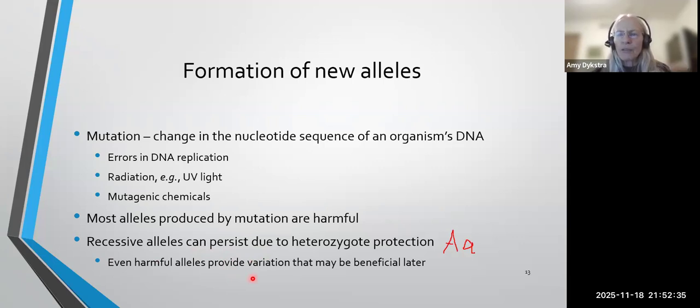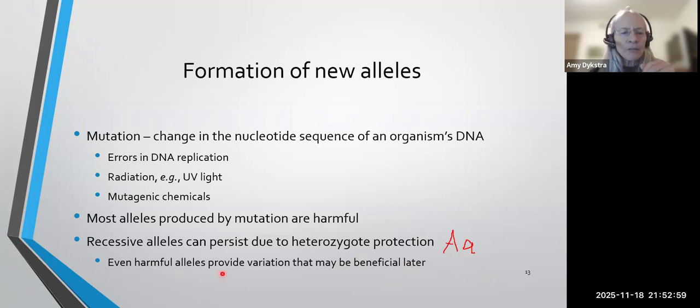It's only if you have two individuals that are heterozygous like this and they reproduce and one of their offspring might have two little a's, then that offspring is going to have a deleterious effect and probably won't survive as well. But in a large population, these can survive for hundreds of generations, even if they are harmful.